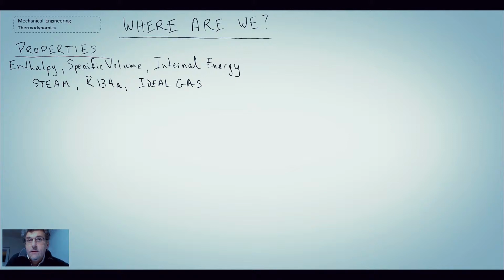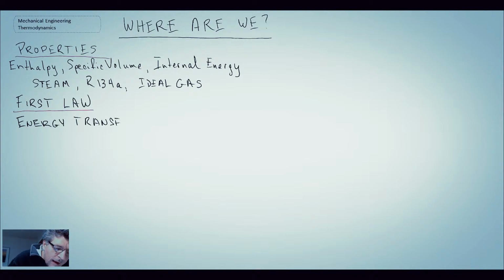We then looked at the first law, in two forms. One was for fixed mass, and the other was for control volume applications, where you have mass crossing the boundaries. With the first law, we looked at the concept of energy transfer. Energy can be transferred in a number of ways: through work, heat, as well as mass, in the event that we have mass crossing our control boundary.